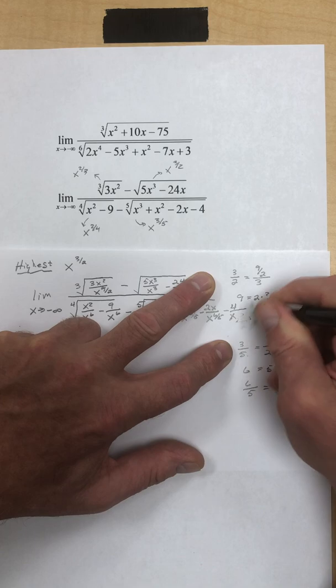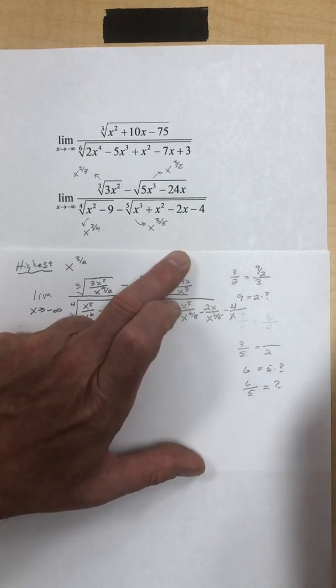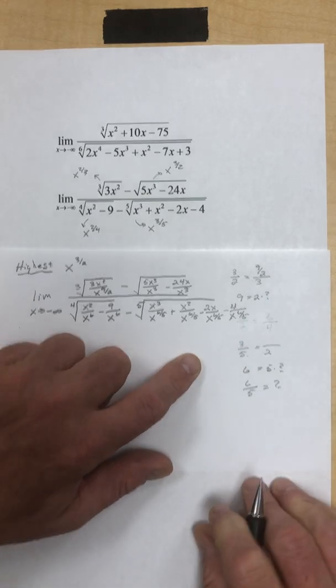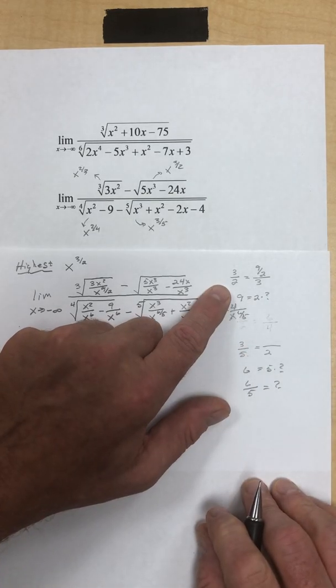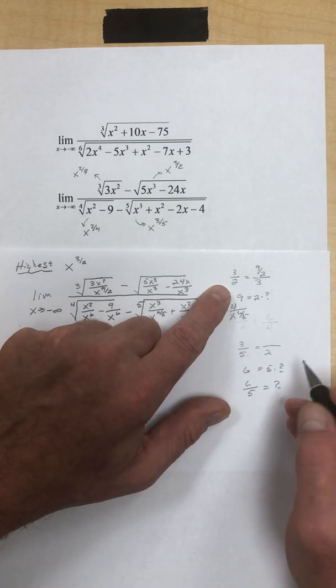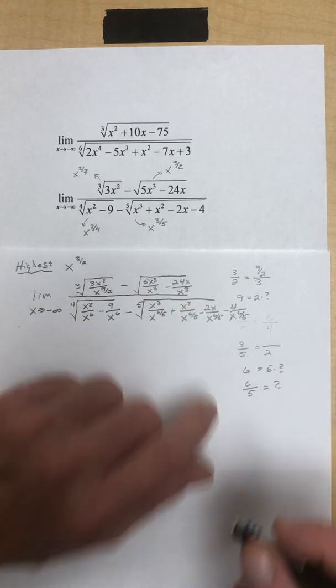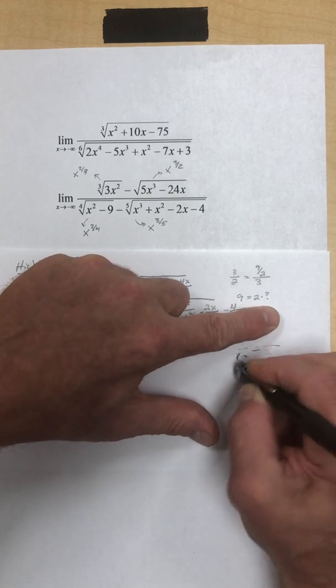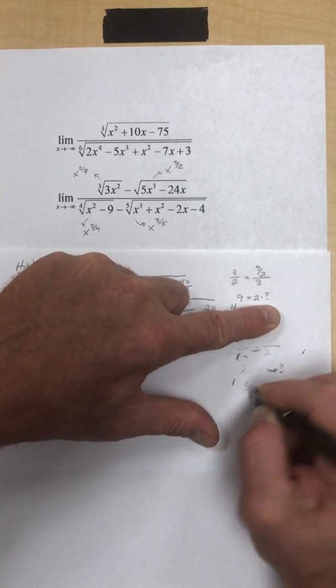I'm going to check this again. Something's bothering me about this one. We know the 3 halves. No, see, that's where I knew something was bothering me. I think I have it wrong here.